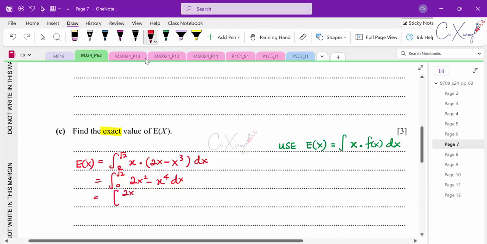So 2x power 3 divided by 3, x power 4 divided by 4, and I'm having root 2 over 0. So substitute your answer. I'm having 2 over 3, root 2 power 3. Then I'm having 1 over 4, root 2 power 4.